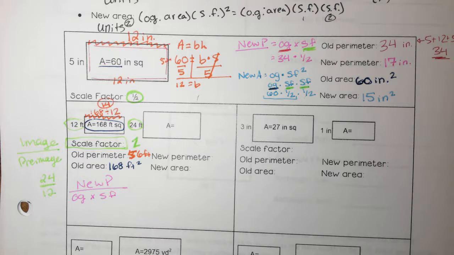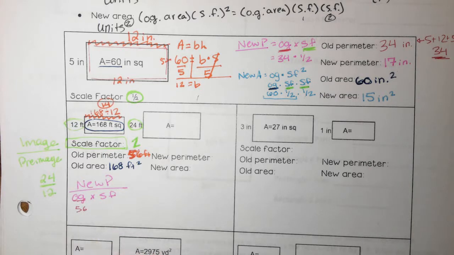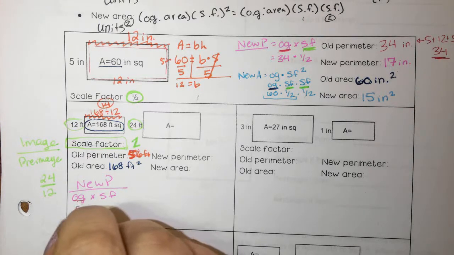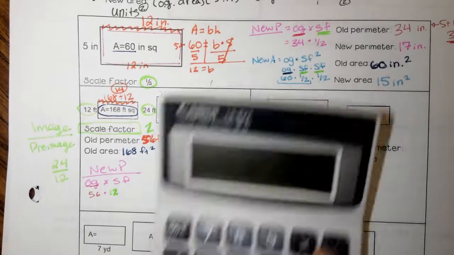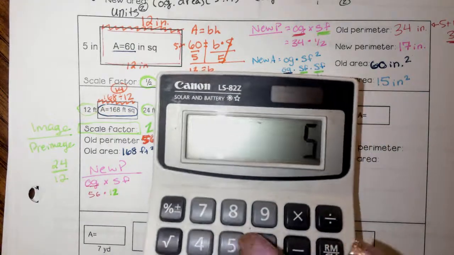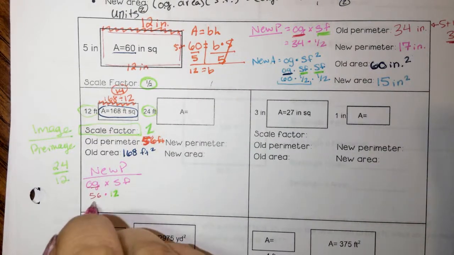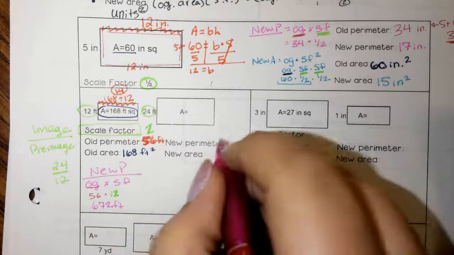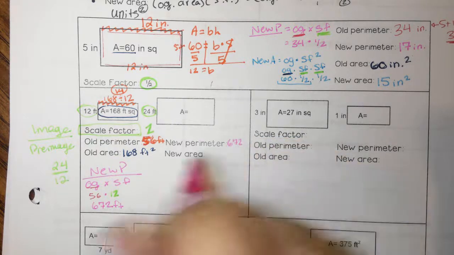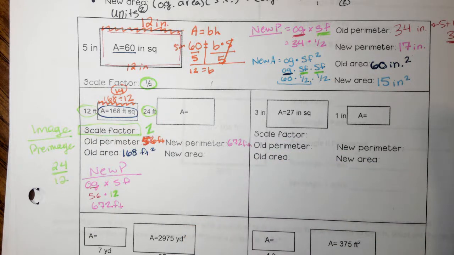The original perimeter, which is 56, times the scale factor, which is 2. 56 times 2, my brain is fried after today, is 112. That's perimeter, so my units will stay as feet. That was a lot quicker than having to determine what my other side is and adding all of those four sides up.